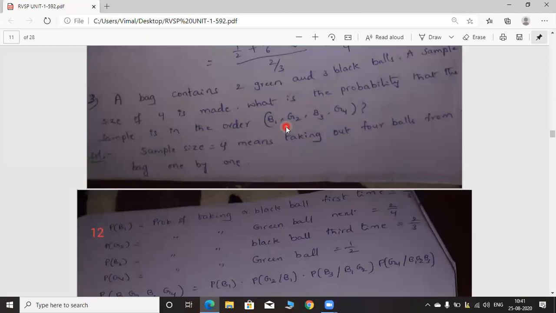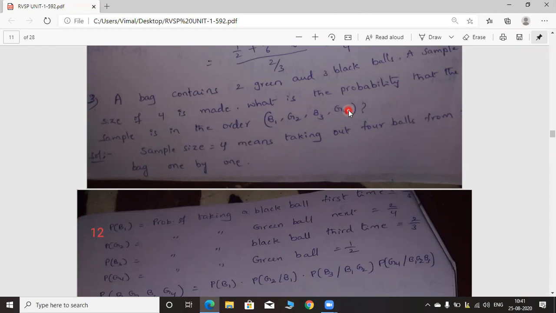Among the picked balls, the first ball should be a black ball, the second ball should be a green ball, the third ball should be again a black ball, and the fourth ball should be a green ball. That is the order. In this order only we have to pick the balls from the bag.